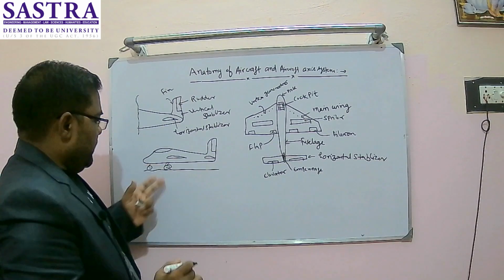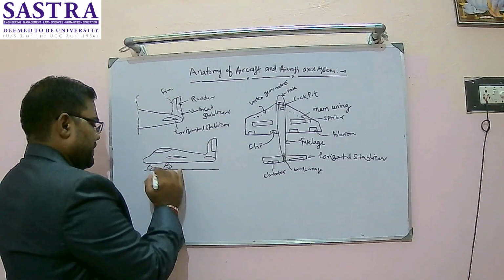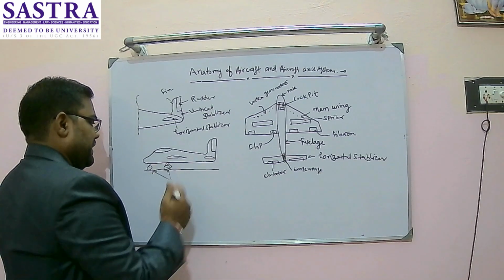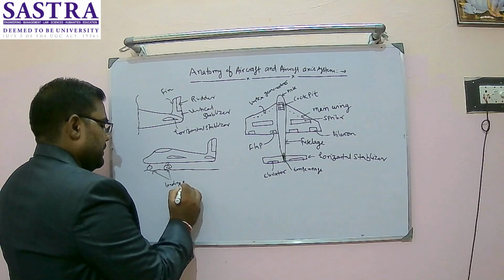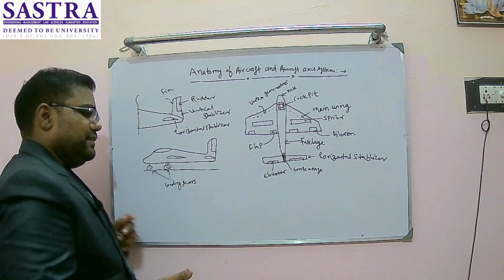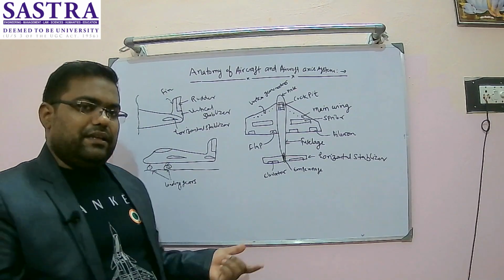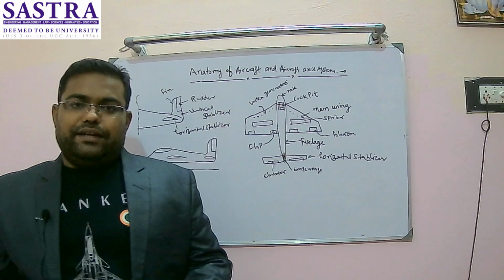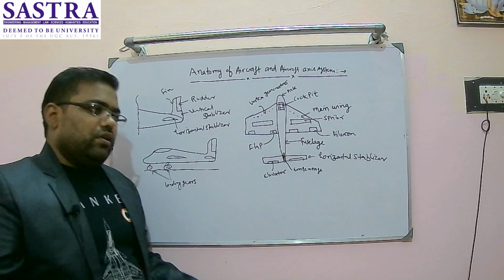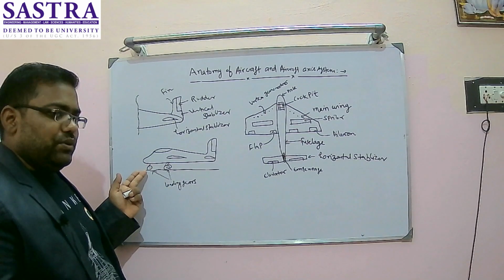Here the landing gears are also a very important part of the aircraft, to support the aircraft on the ground. There are three kinds of arrangements: tricycle landing gear, bicycle, and tandem. Most aircraft use the tricycle landing gear arrangement, where 2 or 4 main wheels are under the wing and one wheel is at the nose.